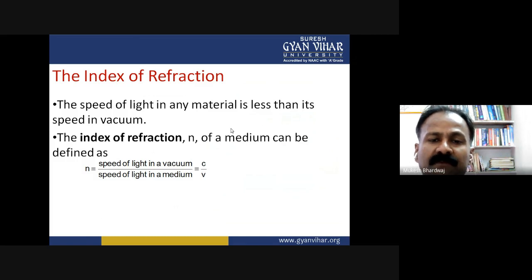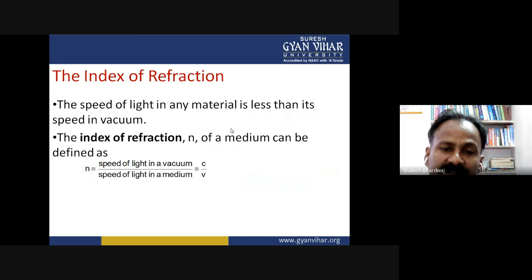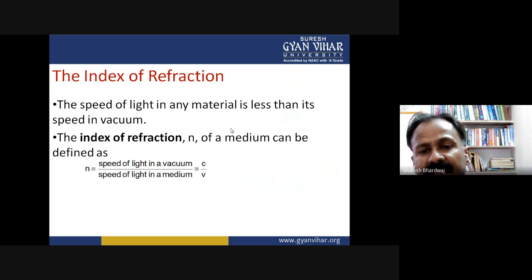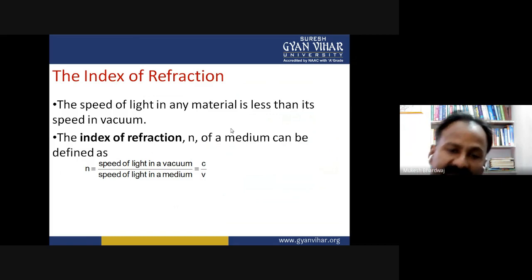The frequency of a wave does not change as it goes across the boundary. This is a very important fact. The frequency does not change as it goes from one medium to the second, because the same number of wavefronts pass from the first medium into the second.